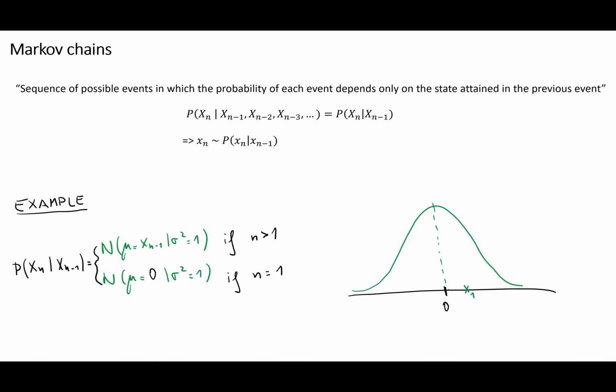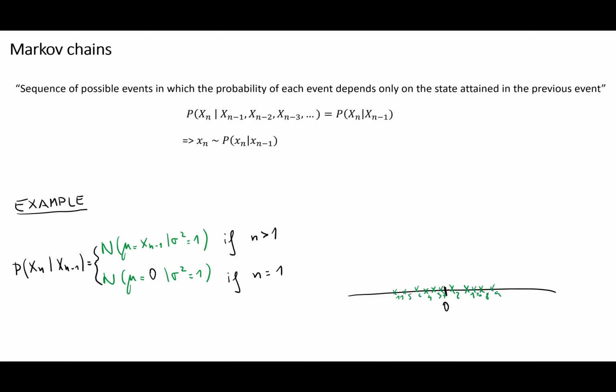Let's say that this is what I generated, and now if I want to generate the next state, I will move the distribution there, with the mean at this previously generated sample, and generate a new sample which is next in the line. For example, here I generated a sample nearer to 0, and then again, if you ask me what's the next sample, I don't care about x1, about 0, I only care about x2. I build this distribution on top of it and I generate a new sample. And I can repeat this over and over and over.